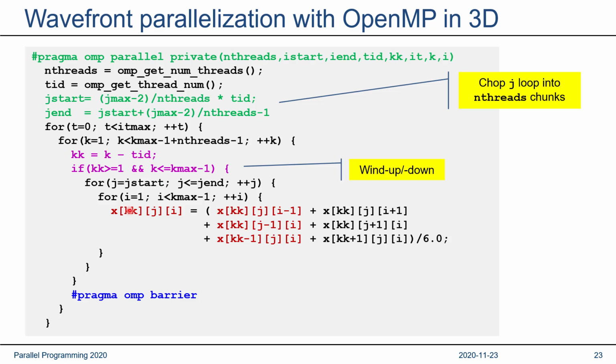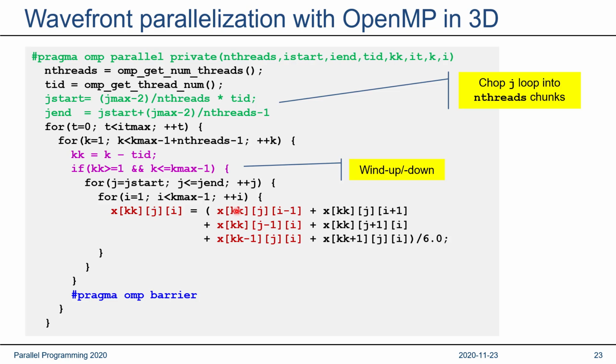The inner loop iteration looks very similar to the original code, apart from the difference that we now write kk instead of k.